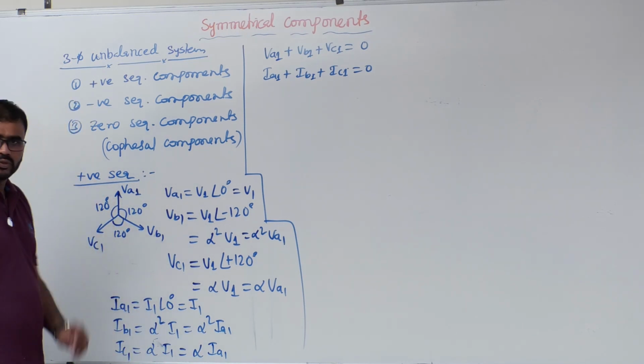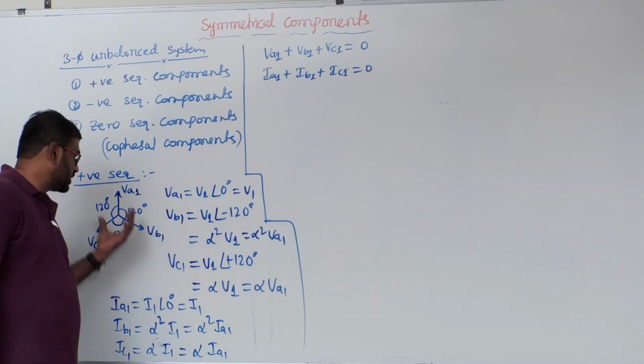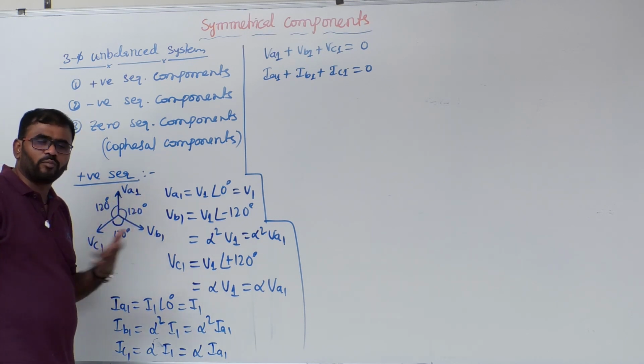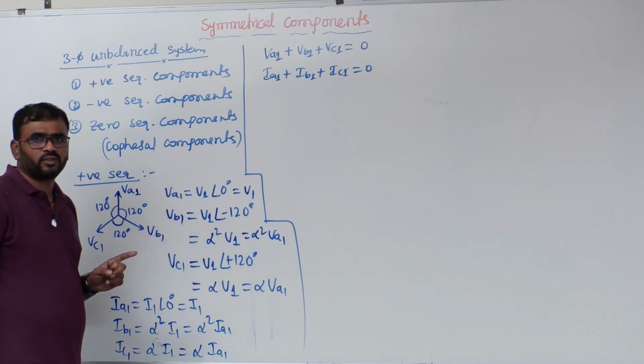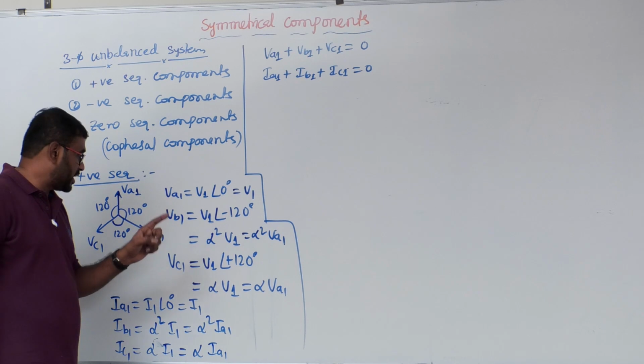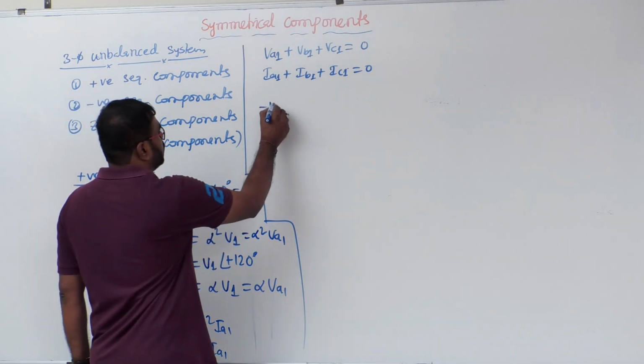So that's about the positive sequence components. Again I am saying the positive sequence component means which consists of 3 phasors equal in magnitude and phase displaced by 120 degrees and having a same phase sequence that of original phasors. Now coming to negative sequence.